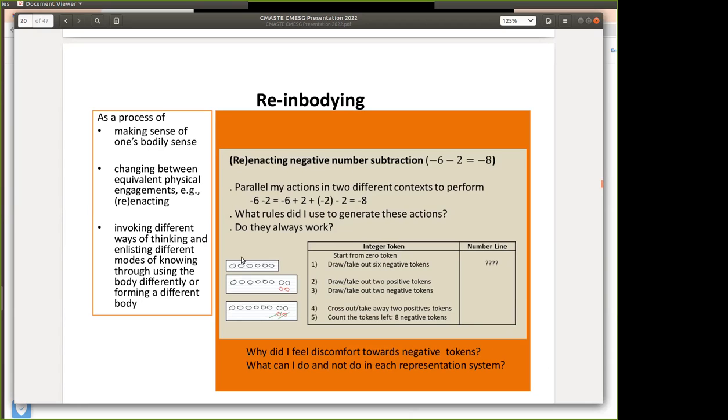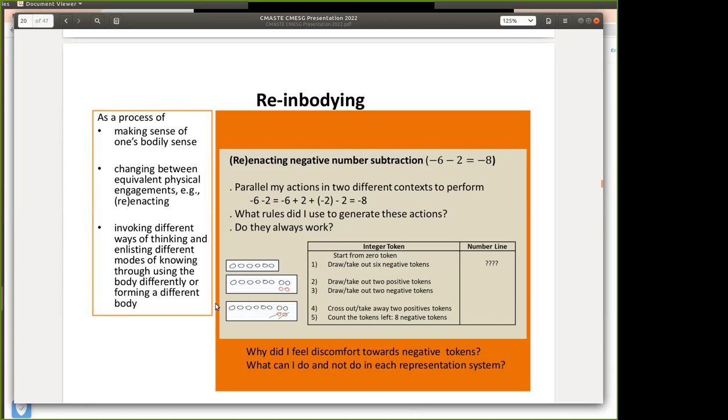She drew some tokens on the board, and I broke down her actions into steps after analyzing the workshop data. Basically, she drew 6 negative tokens, and then she drew 2 positive tokens in red and 2 negative tokens, just because she needed to take away 2s, and she started with no positive tokens.